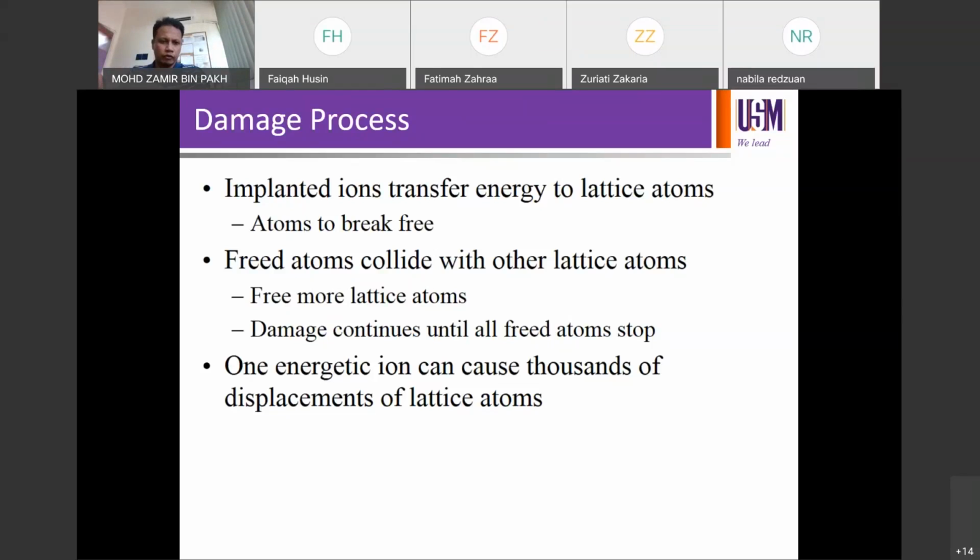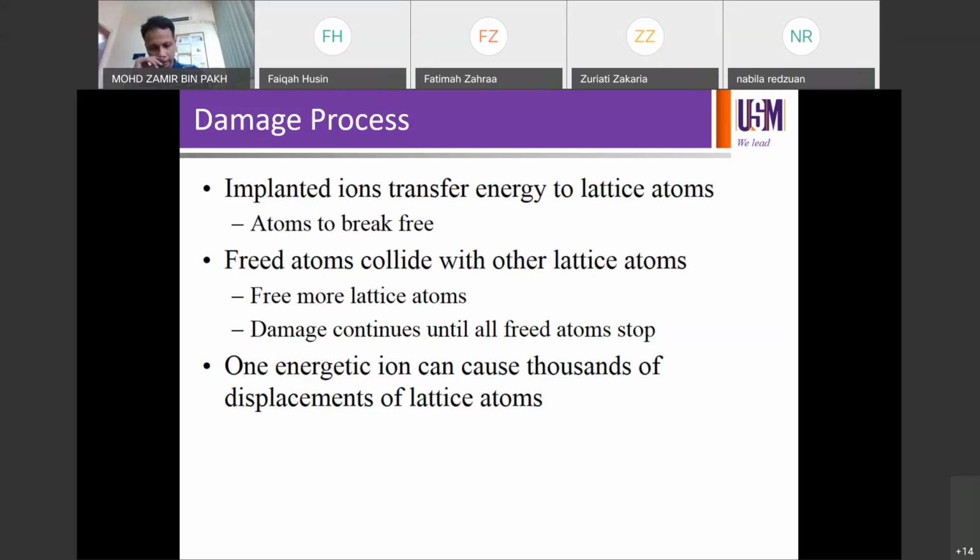The free atoms collide with other lattice atoms, and more lattice atoms, and more. The damage continues until all the free atoms stop moving or triggering another collision with other lattice atoms. So one energetic ion from the implantation process can cause thousands of displacements of the lattice atoms. So this is the damage that we are talking about.